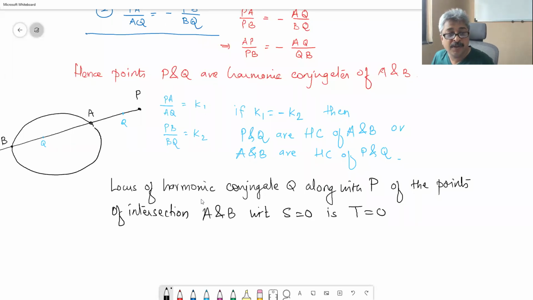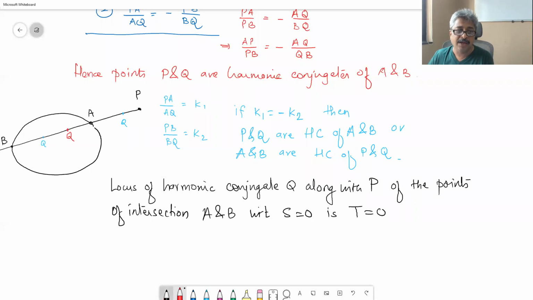That is the fourth interpretation. If every time you get the correct position of Q here, this is the harmonic conjugate of A and B along with P. P and Q are harmonic conjugates of A and B. It is going to be a unique position on this line.